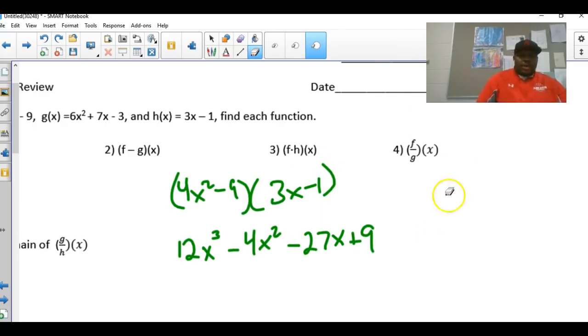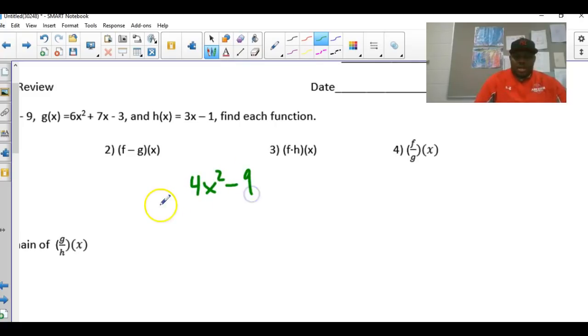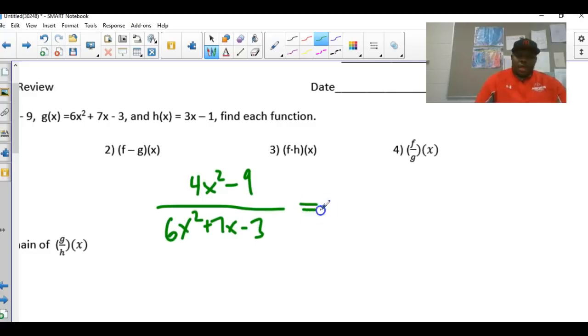Again, I'm going to erase so I can have space for number 4. Number 4, we have f, 4x squared minus 9, divided by g, 6x squared plus 7x minus 3. Since it's a division problem, you need to factor both of them.